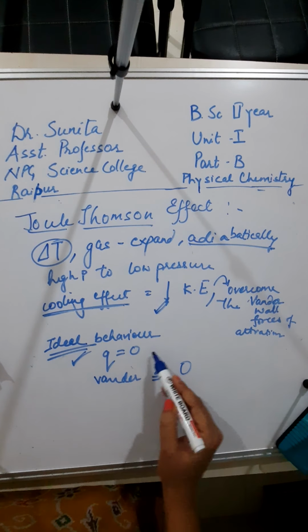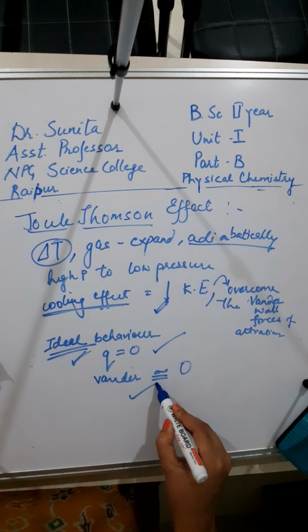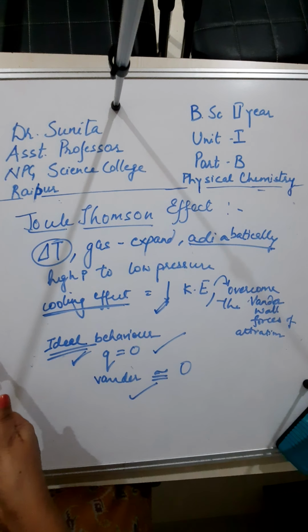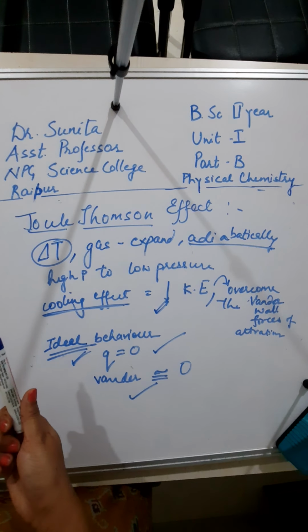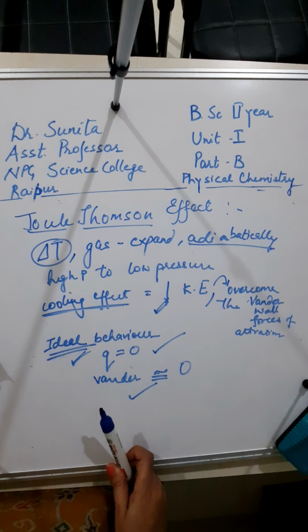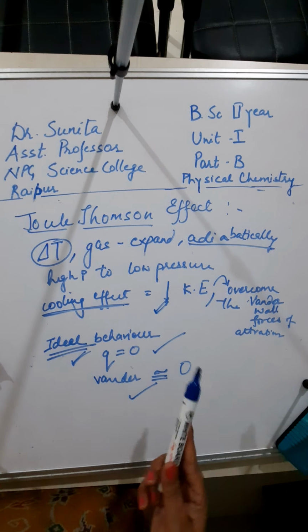So when Q is 0 and the forces of attraction are 0, there is literally no work done, no expenditure of energy in overcoming the force of attraction during expansion.